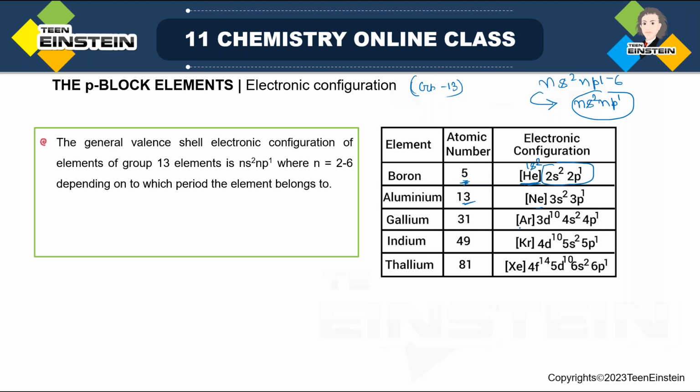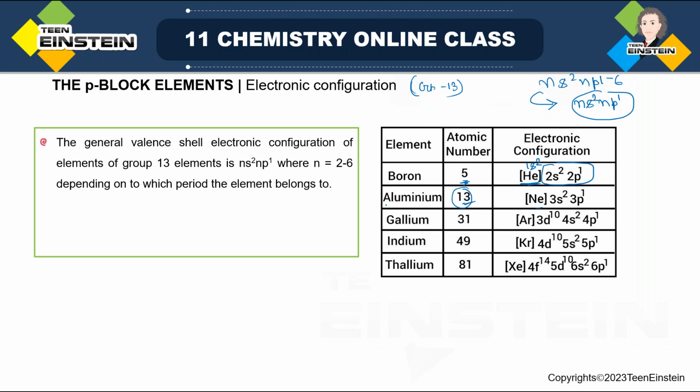So what I'm trying to say by last noble gas, look, consider the atomic number. So aluminium is atomic number 13, and if you already know the atomic numbers of all the inert gases, because with the inert gas a particular period ends.